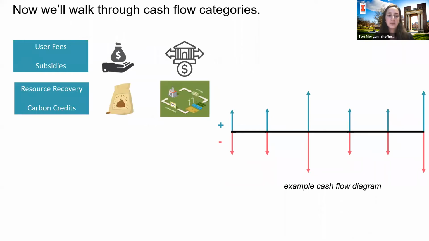And then another example, as we shift from wastewater treatment to waste recovery, is resource recovery. So you can gain revenue on recovering nutrients and selling it as fertilizer, maybe recovering biogas and selling that back to the user as energy, or other types of ways that you can recover resources and make a profit off of it.